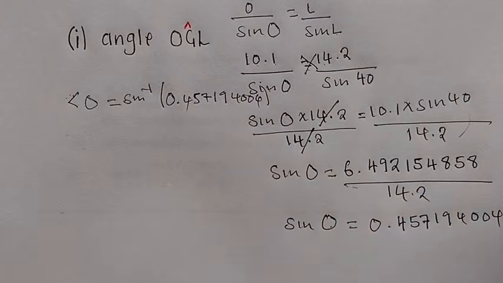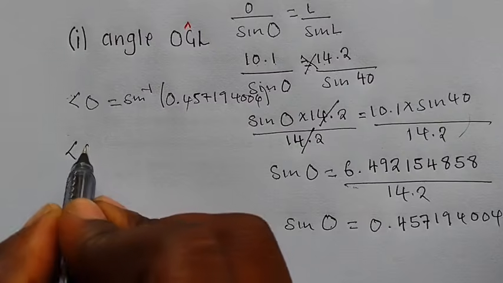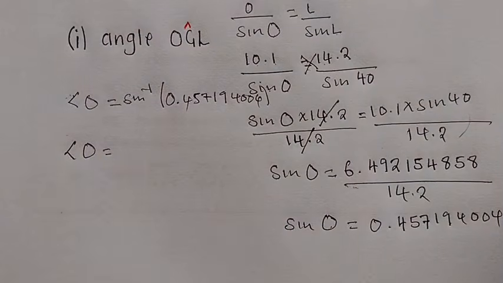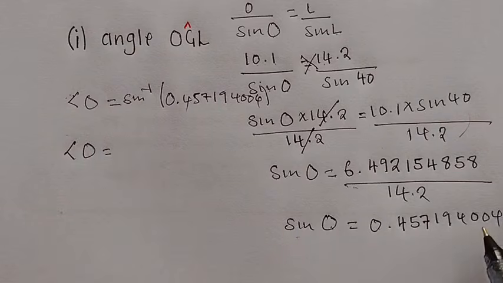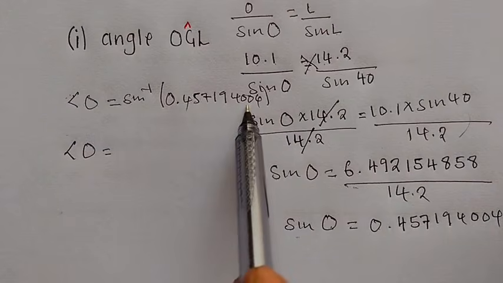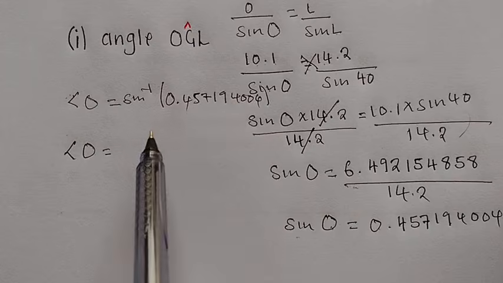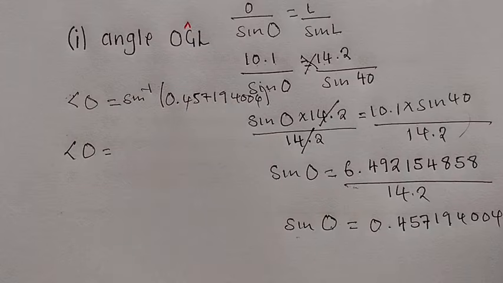What has happened here is this: I want to find the angle for O, so this sine should go to the other side, where we have sine inverse of this same value right here. Because I don't have enough space here, this is why I've written it like this. Let's see the value that we're going to have now.